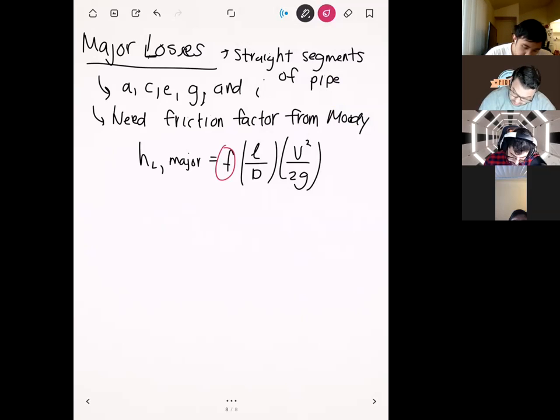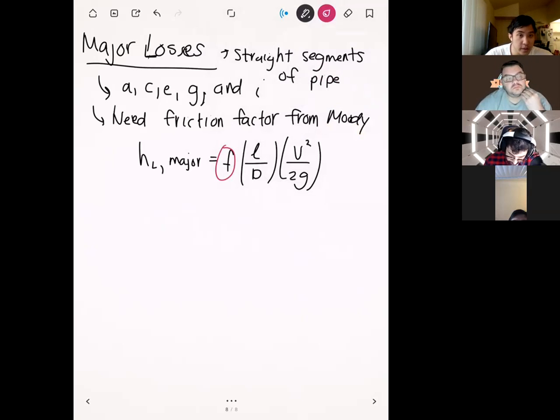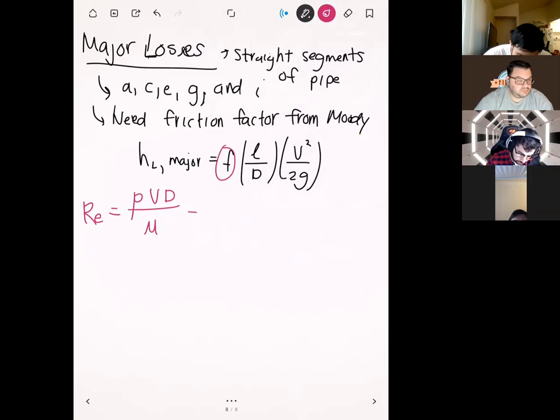Remember, to get the friction factor, we need two things: the Reynolds number, and the ratio of the surface roughness to the diameter. Let's compute the Reynolds number first, since it's always a good place to start. Reynolds number is rho times V times D over mu.